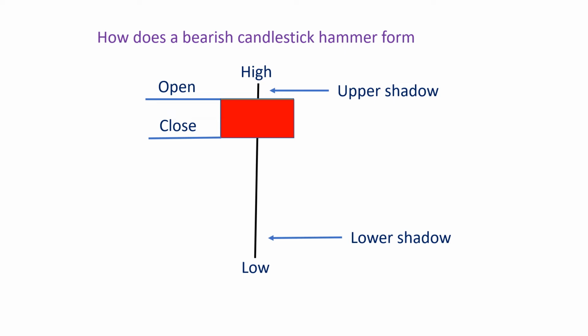As you see, when the market opened, sellers began to control the market and continued pushing the price lower, but soon after the buyers rejected the lower price and pushed the price strongly back up toward the open price before the session closes. So that is the psychology behind the candlestick hammer.